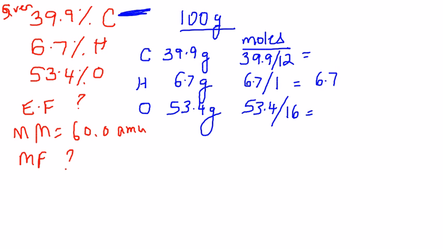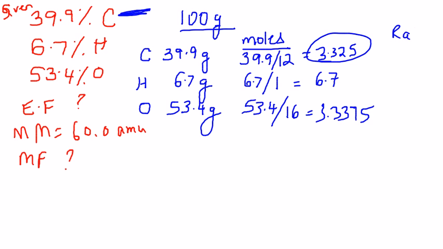I'm getting a number of 3.325 for the case of carbon, and when I divide 53.4 by 16, I'm getting 3.3375. So here your lowest number is right here, 3.325.